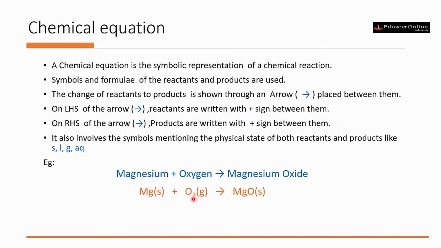The reactants are separated with this plus sign, and there is only one product here. The arrow indicates the direction of the chemical equation, and these S, G and S represent the physical state. That means magnesium is solid, oxygen is gas, and MgO is again a solid. So these are the reactants and this is the product.